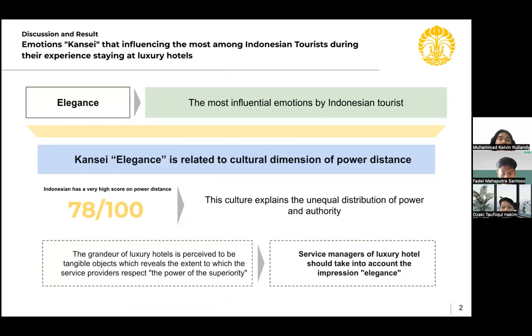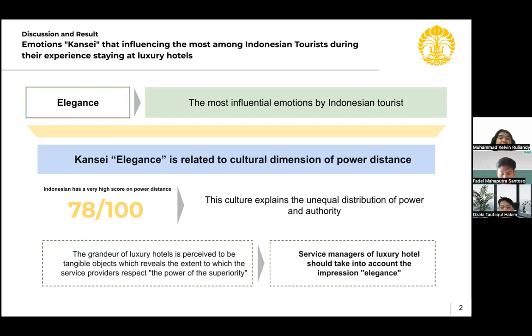So based on the Kansei model, the Indonesian tourists perceive Kansei elegance as the most influential emotion during service encounters in luxury hotel services. This Kansei elegance is quite related to the cultural dimension of power distance. Indonesia has a very high score on power distance, which is 78 out of 100, and this culture explains the unequal distribution of power and authority.